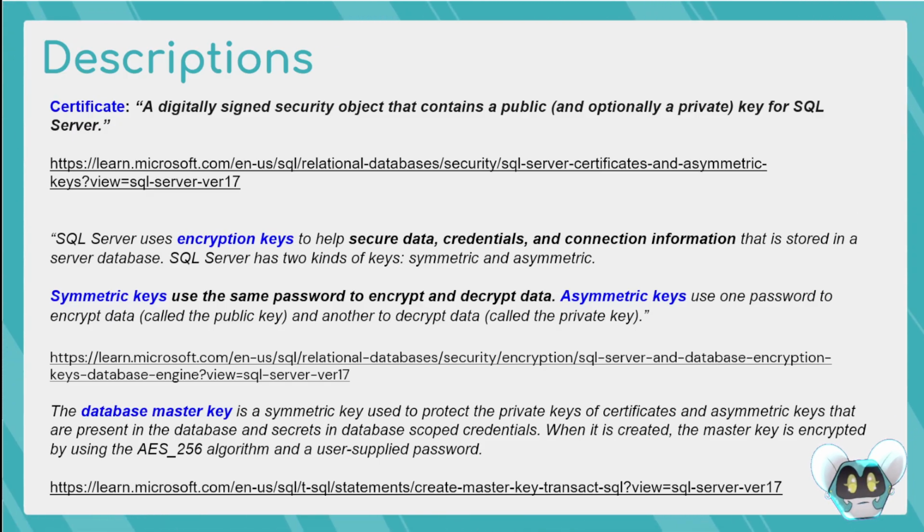You can have an asymmetric key where a different key is used for encrypting versus decrypting the information. And lastly, the database master key is a symmetric key that's used to protect the private keys of certificates and asymmetric keys. I will share the links to these screens down below in the description.